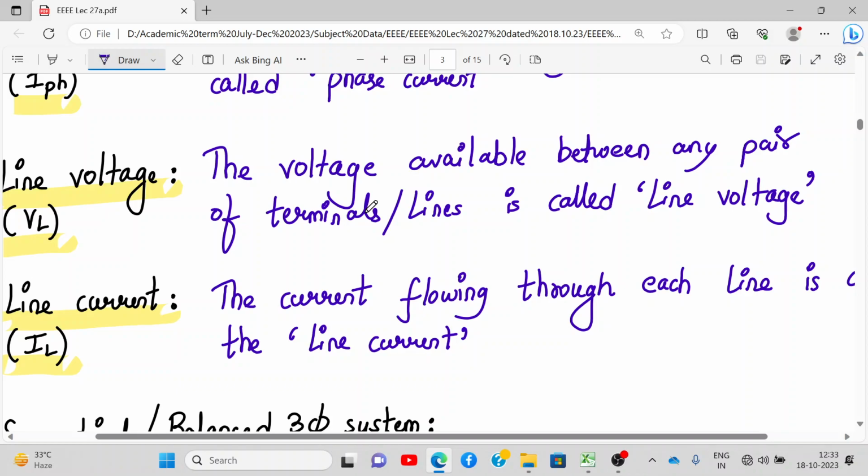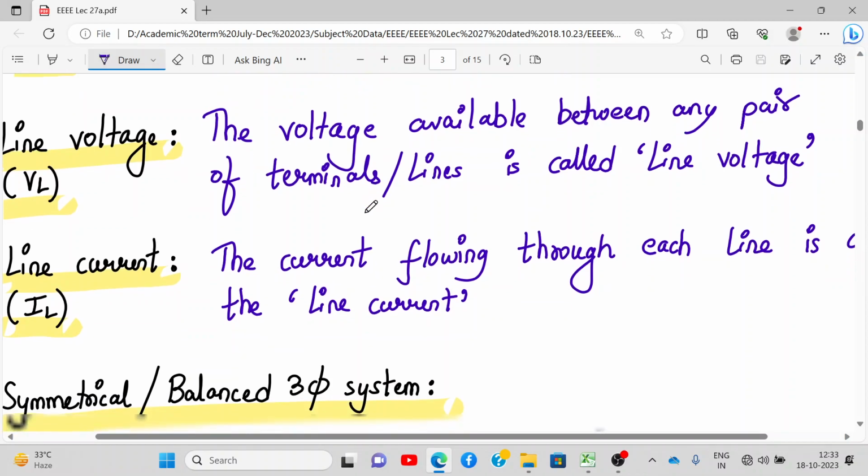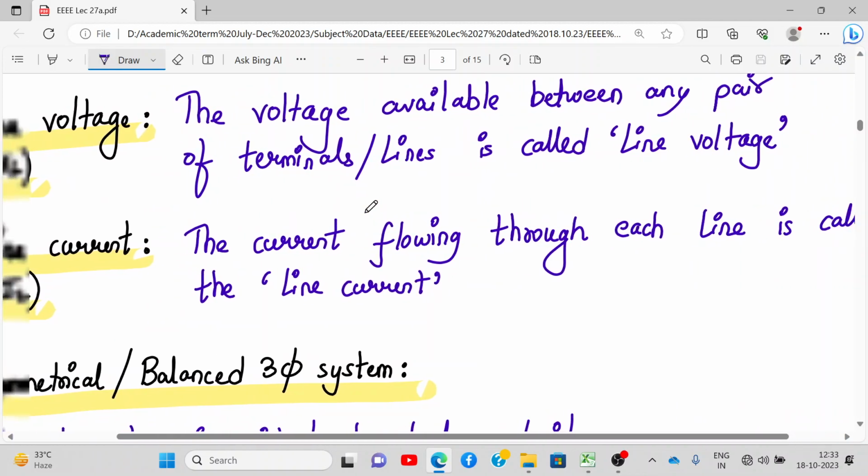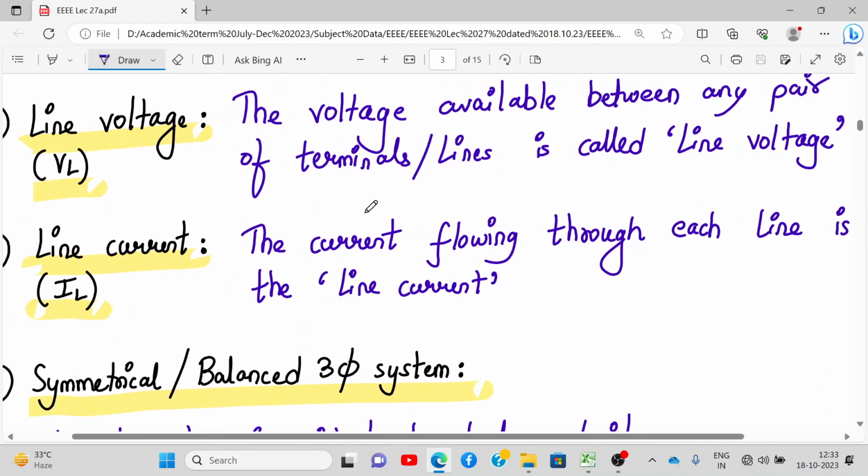I'll explain it with the diagram, don't worry. Then line current: the current flowing through each line is called line current, IL. Just write line current and bracket IL, that's it.